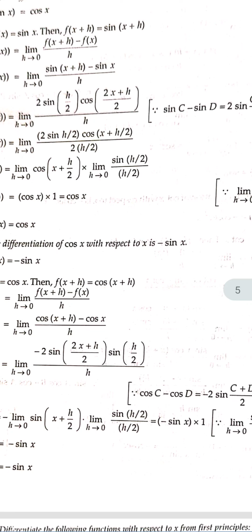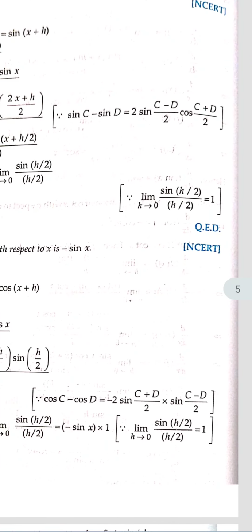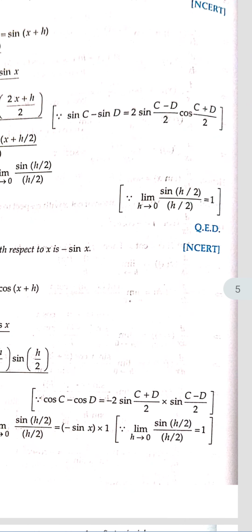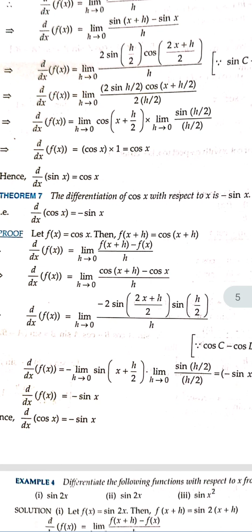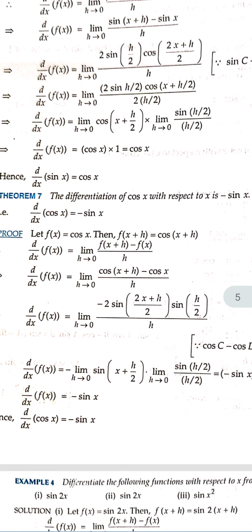Divide and multiply h by 2, we get 2 sin (h by 2) cos (x plus h by 2) divided by 2 into h by 2. We can also write it as limit h tends to 0 cos (x plus h upon 2) into limit h tends to 0 sin (h upon 2) divided by (h upon 2). We know that limit h tends to 0 sin (h upon 2) upon (h upon 2) will become 1. So the derivative of sin x is cos x into 1, that is cos x.